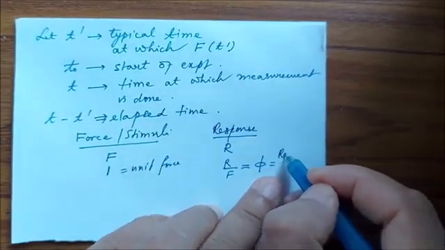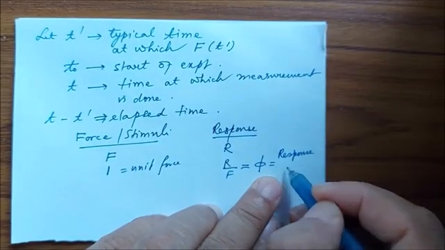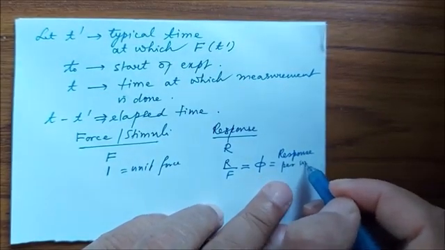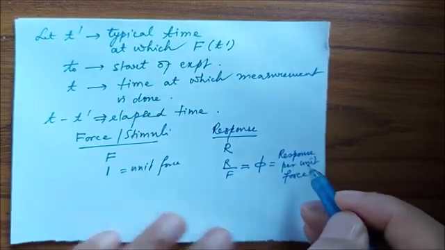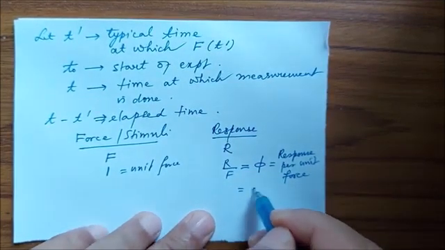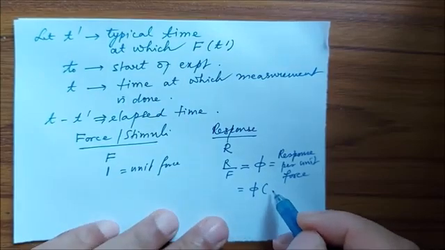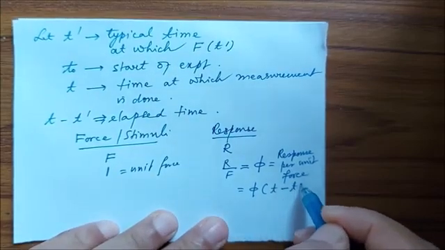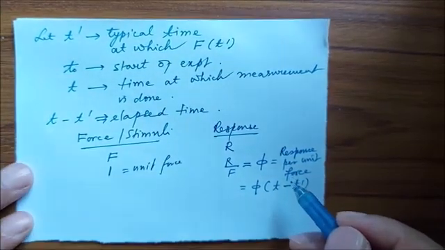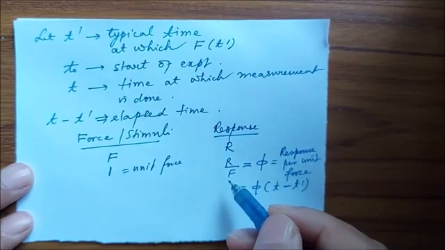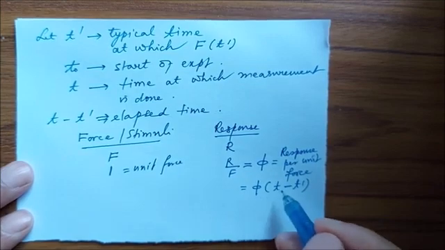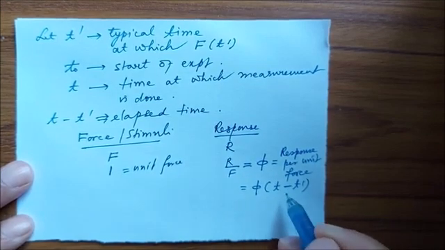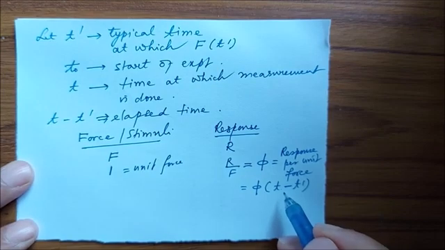So this is response per unit force or stimuli, and it is a function obviously of the elapsed time, because the system is responding to the stimulus or force and the response occurs over a time. So elapsed time obviously comes into the picture.